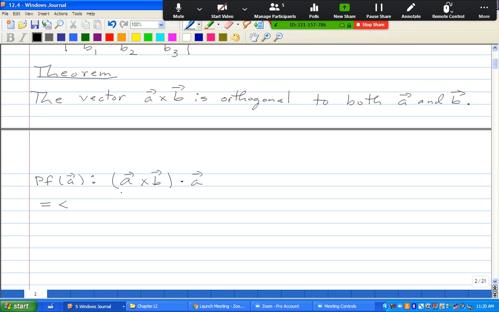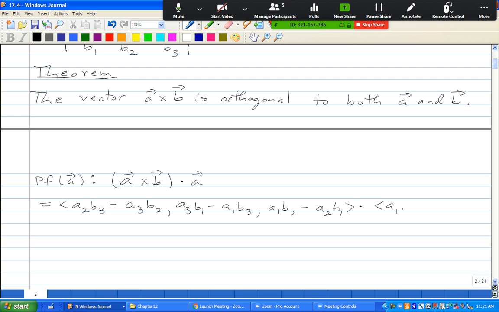A cross B is A2 B3 minus A3 B2, comma, A3 B1 minus A1 B3, comma, A1 B2 minus A2 B1.